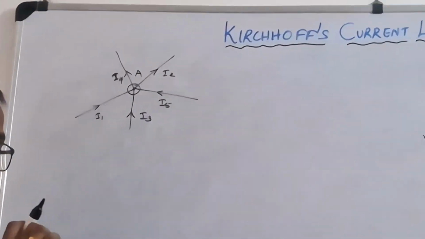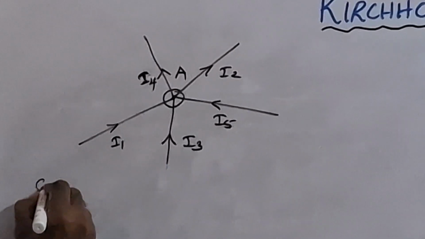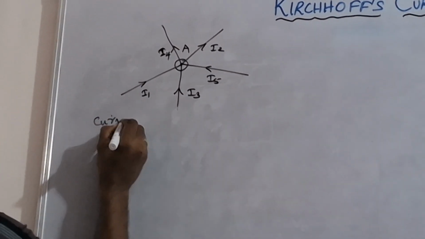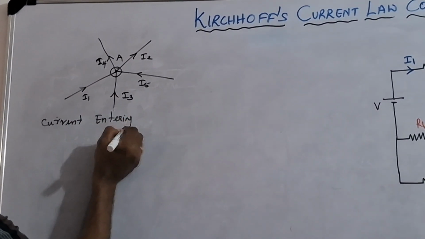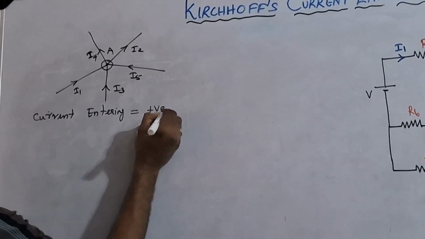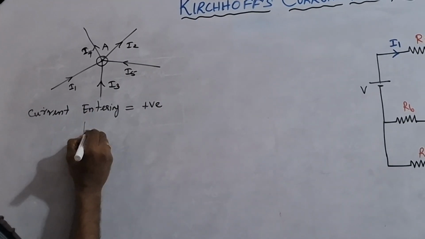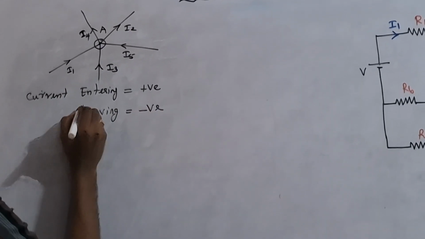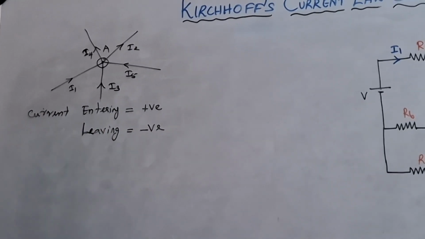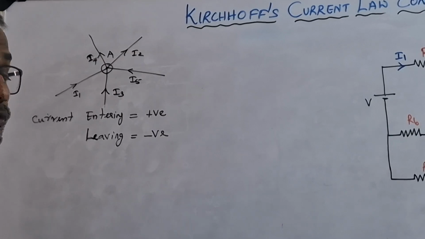So now I am going to note down: current entering is equal to positive value, and current leaving is equal to negative value.